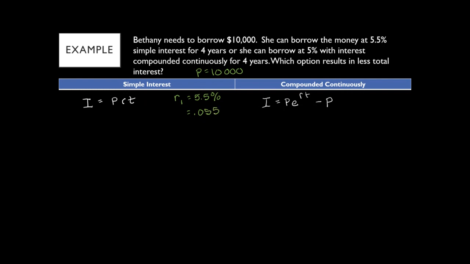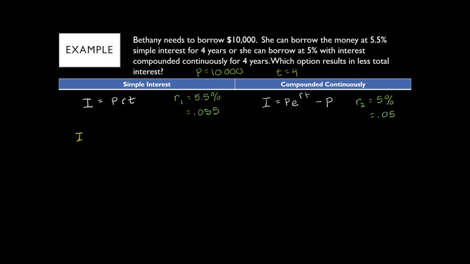So it's 0.055. And that's for 4 years. And then the other one is 5%, which is 0.05, also for 4 years. So we're going to be using 4 for both of these situations. What's different is going to be the interest rate and then their formula.